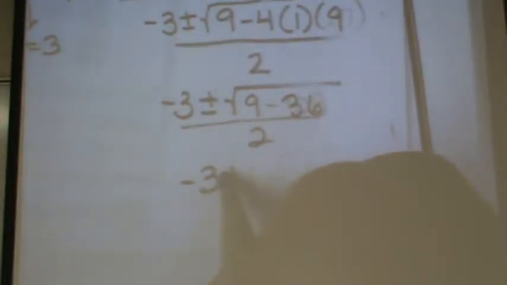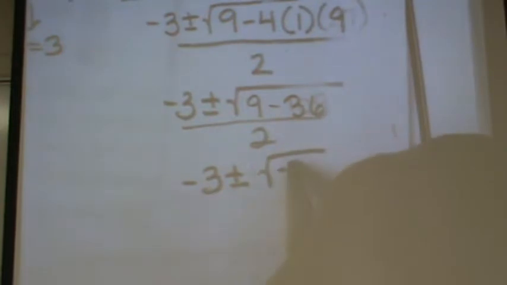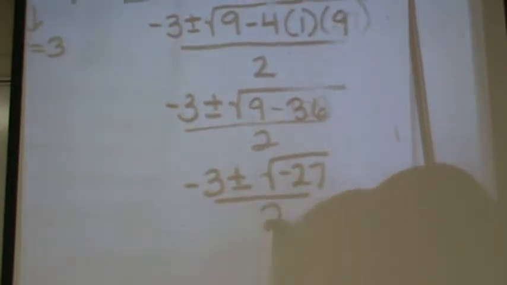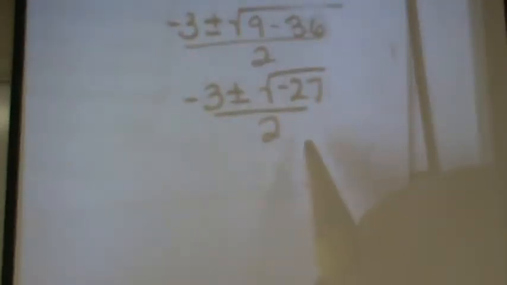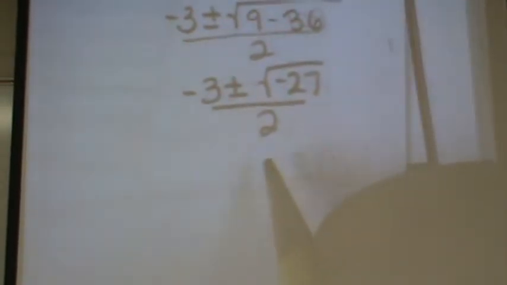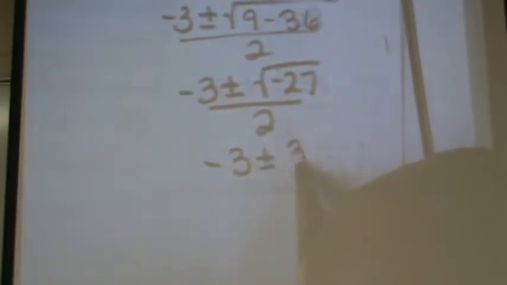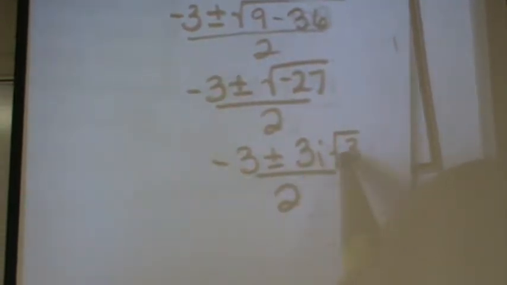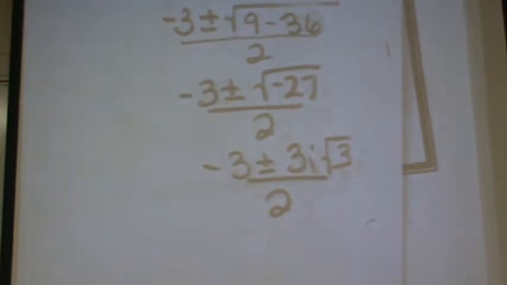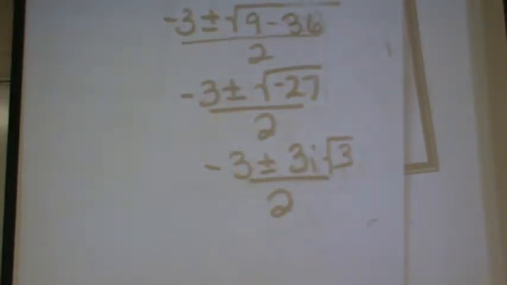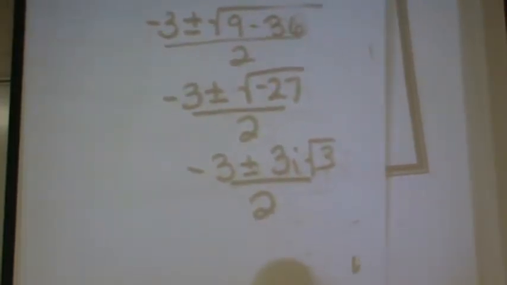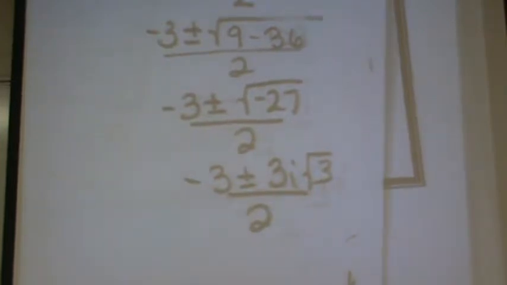Negative 3 plus or minus negative 27 over 2. So it's negative 3 plus or minus 3i root 3 over 2, and the i can go at the end. Okay, this is the correct answer right there. Sorry, guys.